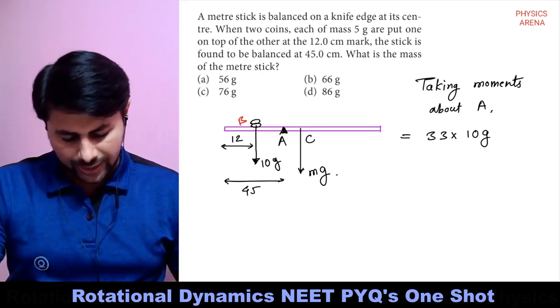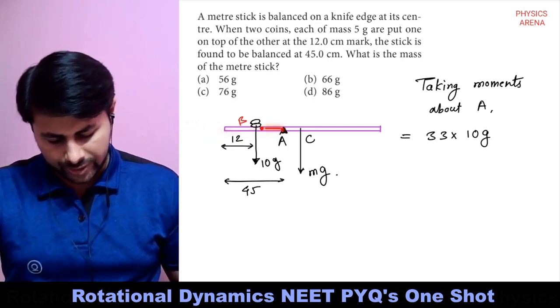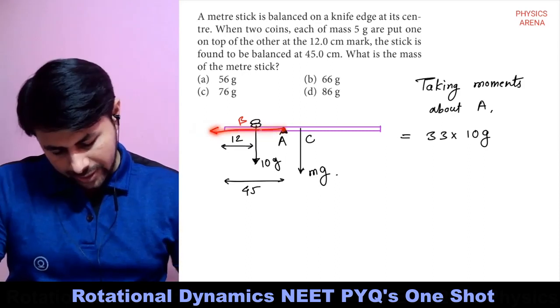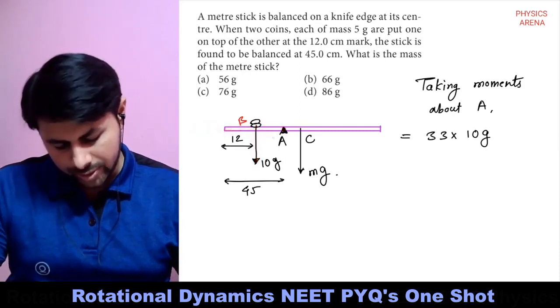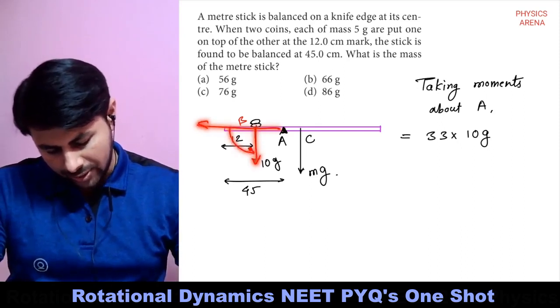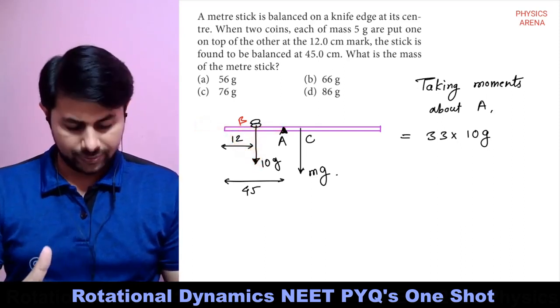And in what direction is it acting? This is the position vector, directed like this. This is the weight. So r cross f is in anti-clockwise sense.